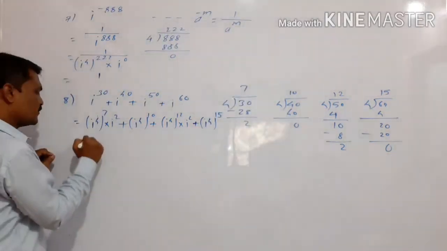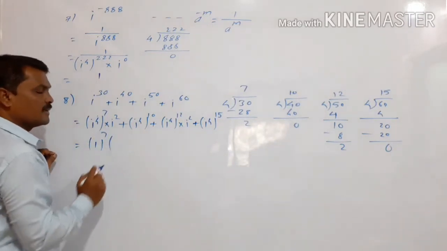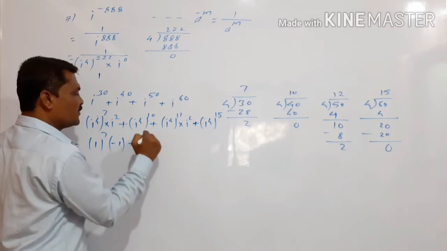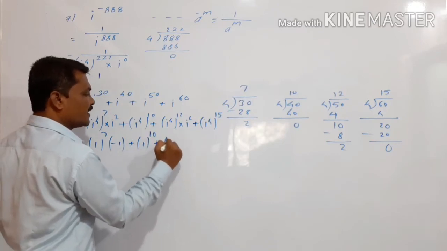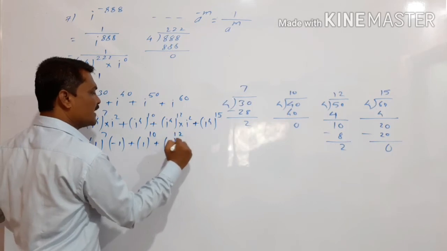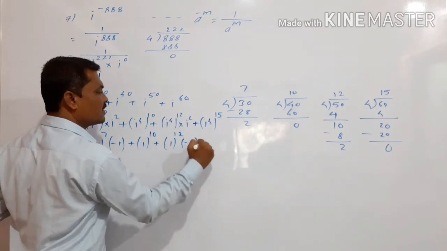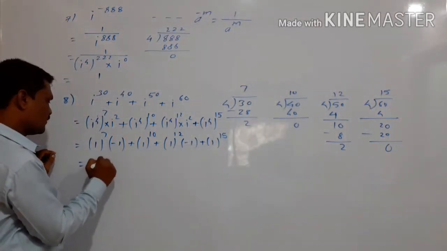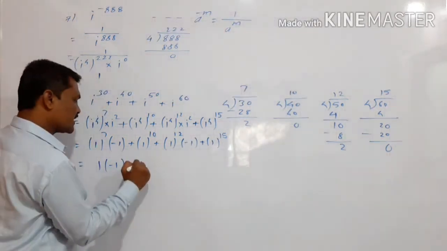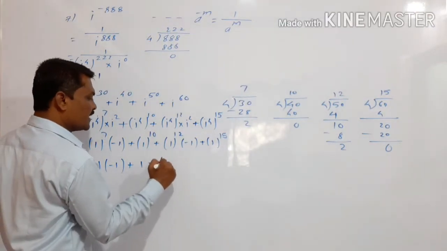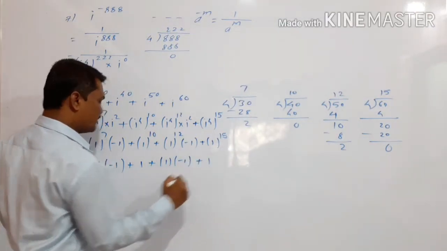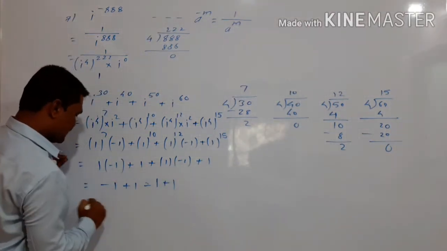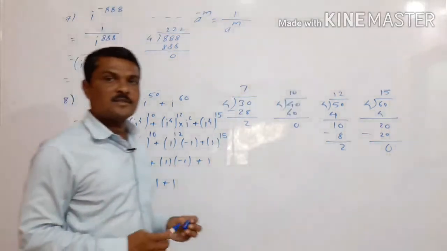The value of I raised to 4 is 1, 1 raised to 7, I square is -1, again 1 raised to 10, 1 raised to 12, I square is -1, plus 1 raised to 15, that is 1 in bracket -1 plus 1 plus again 1 in bracket -1 plus 1, that is -1 plus 1 -1 plus 1 and our final answer is 0.